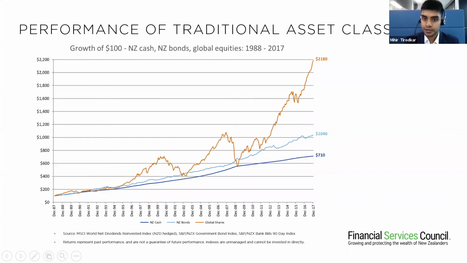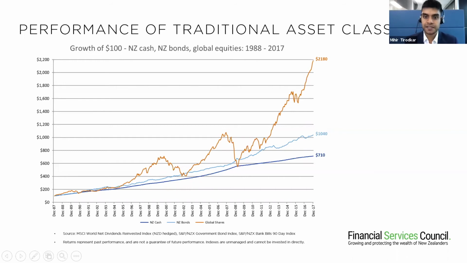Over this horizon of 30 years, your $100 would have amassed into $710, which is not too impressive. But there is low risk. That line is very flat. There is not much volatility, which is the bumpiness of the line. And it's steadily rising and becomes 7 times higher than what you started with, roughly.